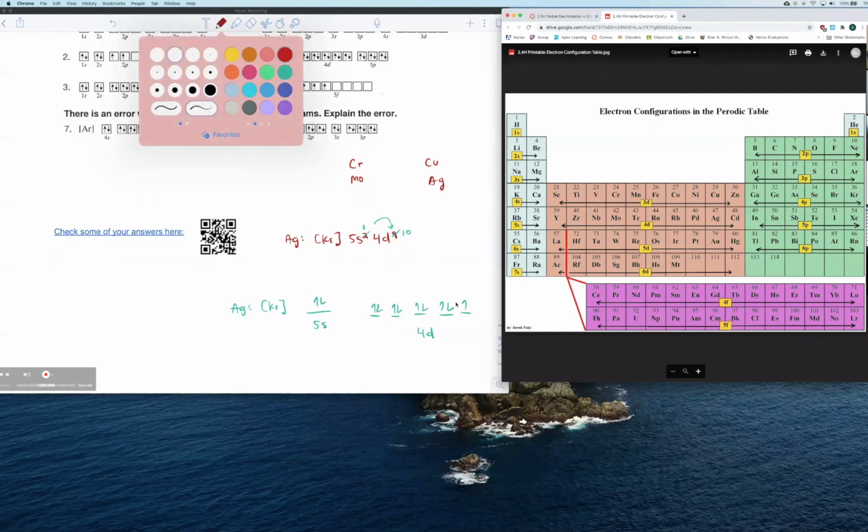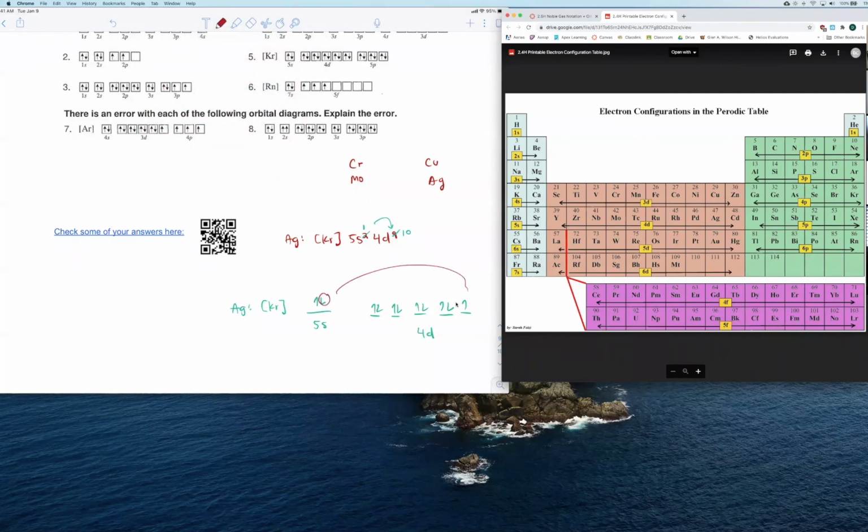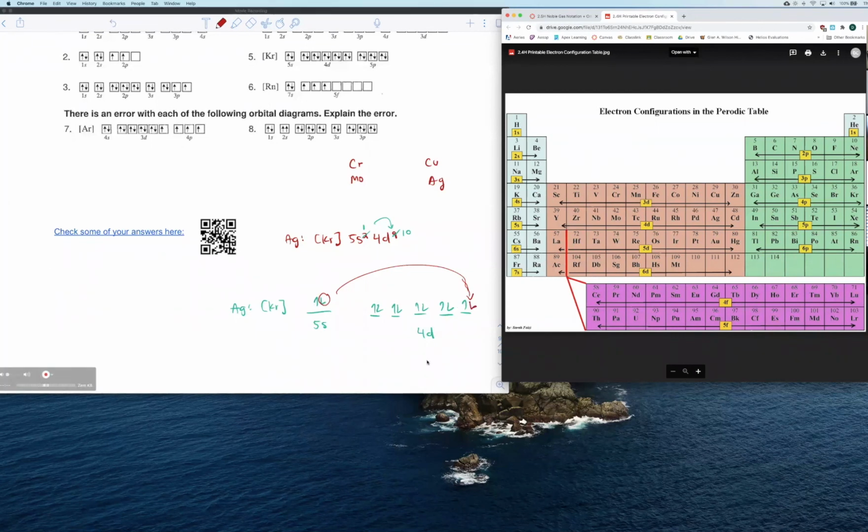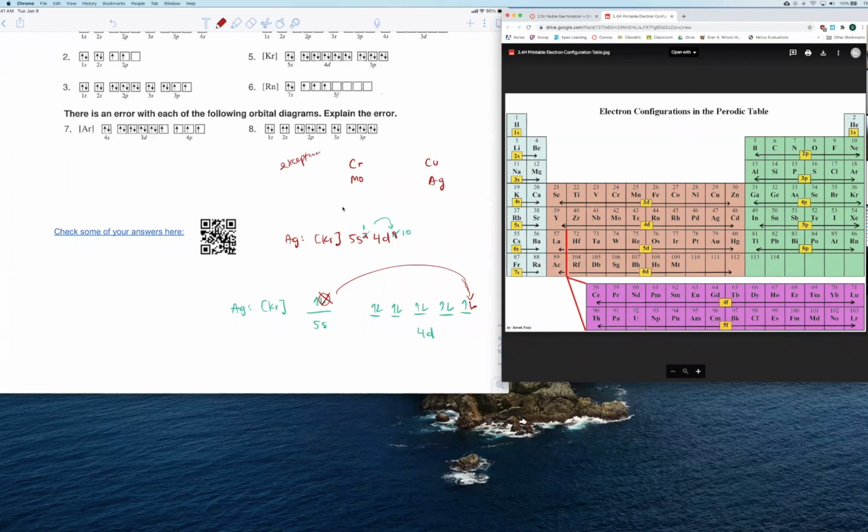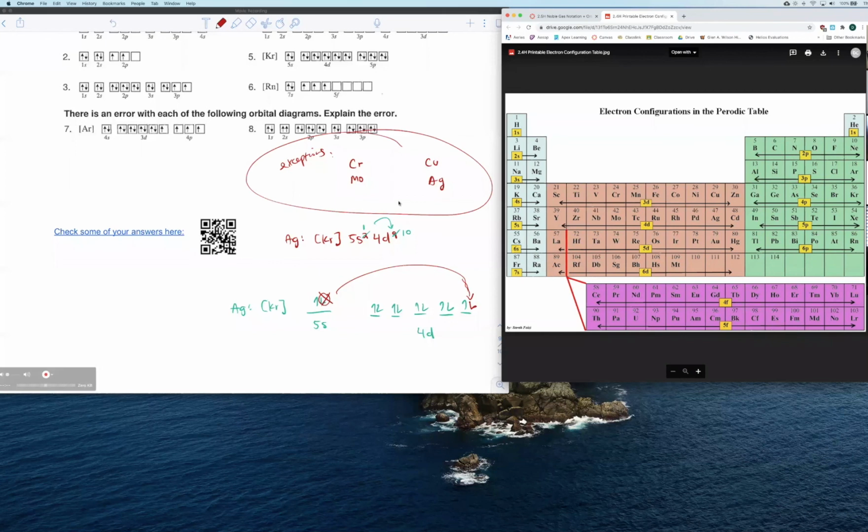So again, what's going to happen is this electron from here would move over to the 4d orbital to make it 4d10. So it's just better to make all these electrons stable by having a completely filled 4d section than just having it over here and only having one 5s orbital stable. Okay, so just remember chromium and Mo, and then copper and Ag, those are your exceptions to the rule. So I'm just telling you guys that in advance for your quiz.